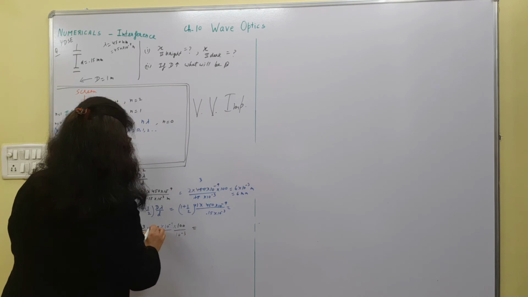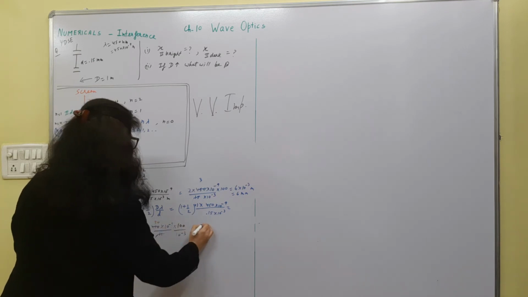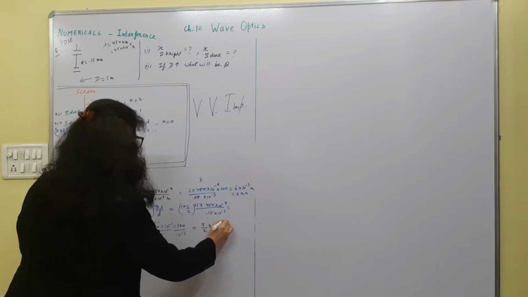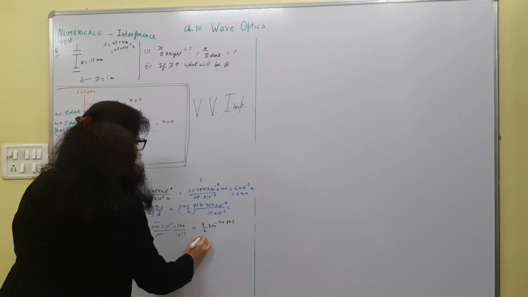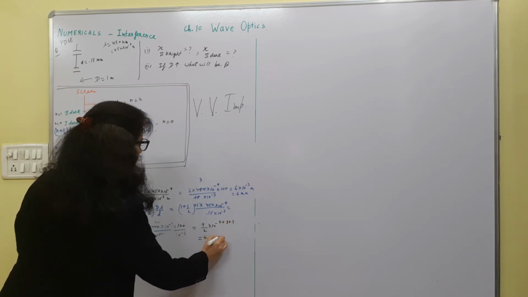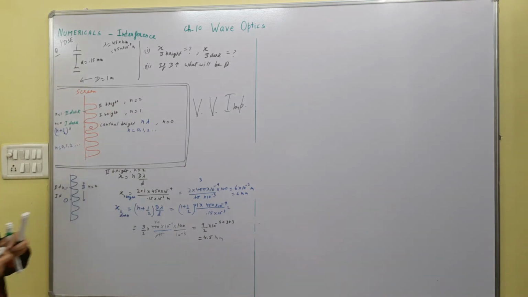So this is 15 3s are 45. This is 9 upon 2 into 10 to the minus 9 plus 3. So this gives me 4.5 millimeter, right?